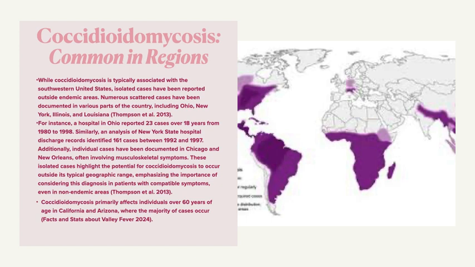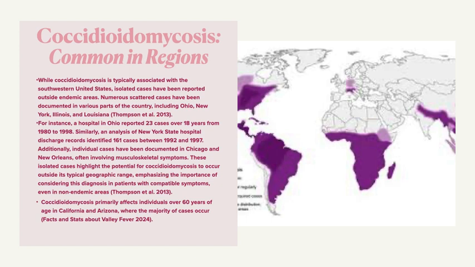Coccidioidomycosis common in regions. While coccidioidomycosis is typically associated with the southwestern United States, isolated cases have been reported outside endemic areas. Numerous scattered cases have been documented in various parts of the country, including Ohio, New York, Illinois, and Louisiana. For instance, a hospital in Ohio reported 23 cases over 18 years from 1980 to 1998. Similarly, an analysis of New York State hospital discharge records identified 161 cases between 1992 and 1997.